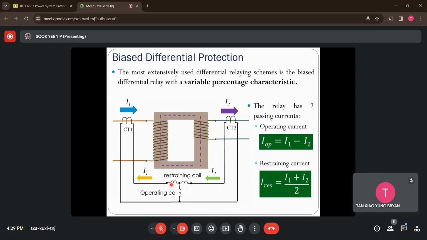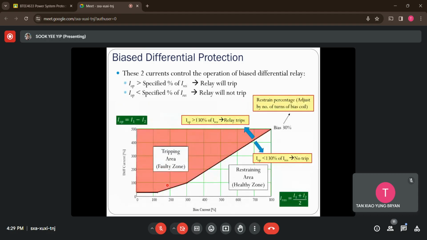So with these two currents controlling its operation, let's see how it works in this slide. These two currents control the operation of the bias differential relay in such a way that if the measured operating current is more than the specified percentage of the restraining current, this indicates that we have a faulty transformer, an internal fault.